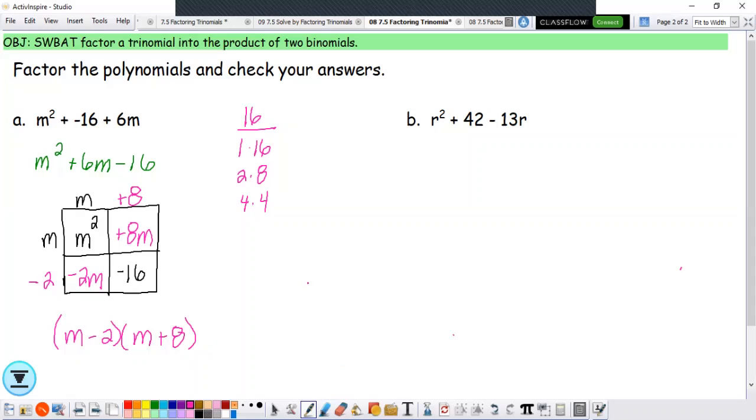And our last one. Again, the last two terms should be switched around before we factor. So we have r squared minus 13r plus 42. And we can set it up to factor.